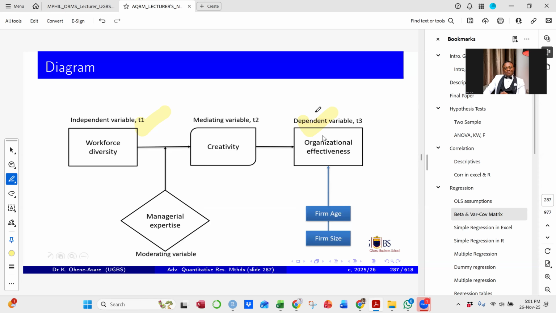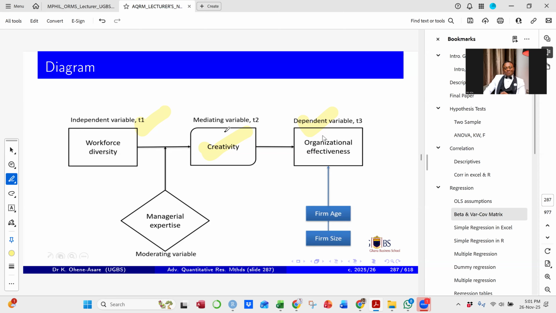But the only way it can affect it is through this variable, creativity. So the workforce diversity affects creativity, and before creativity affects the organizational effectiveness, creativity becomes the mediating variable, or intervention variable.